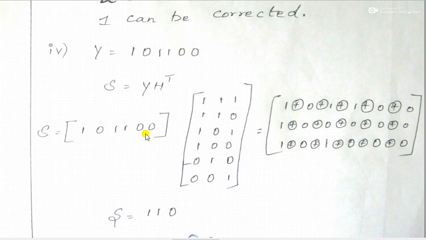So first row, first column: 1 into 1, 1, so that 1 is here. Next plus 0 into 1, 0, 1 into 1, 1, fourth bit 1 into 1, 1, remaining all are 0, so that 0, 0. Next, first row, second column, that is in the row, and first row, third column, that is in the third row.